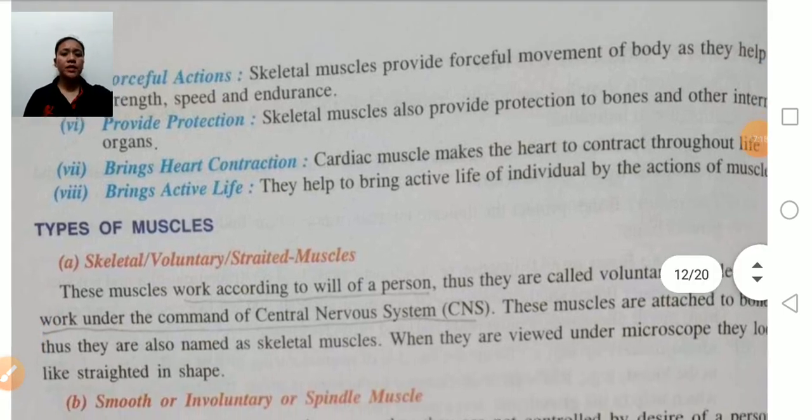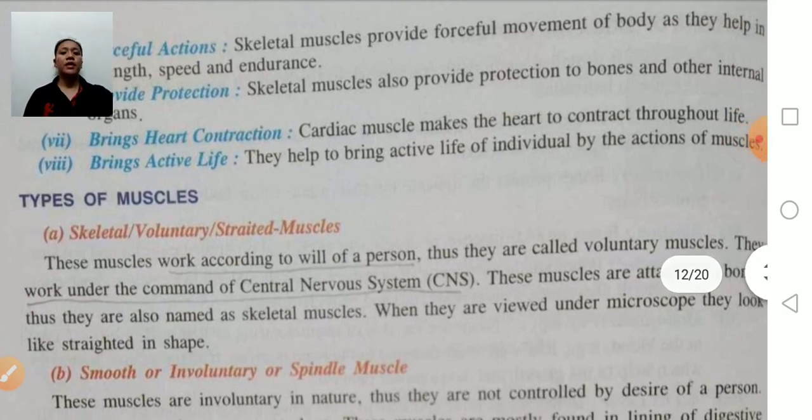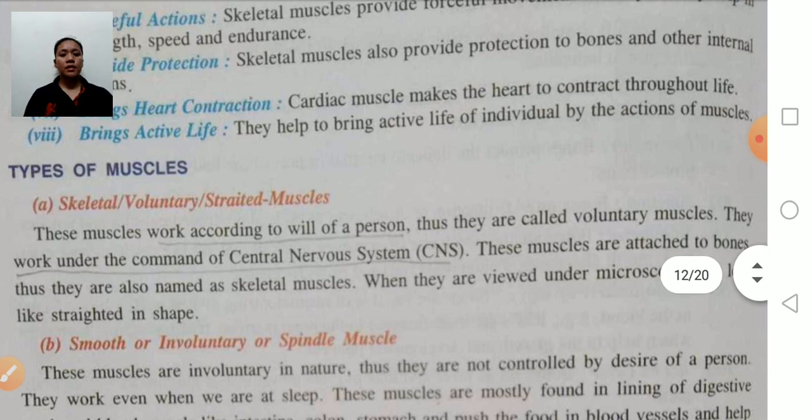Types of muscle. There are three types of muscle: skeletal muscles, smooth muscles, and cardiac muscles, or we can say voluntary muscles and involuntary muscles. Skeletal muscles, also known as voluntary muscles or straight muscles, work according to the will of a person.